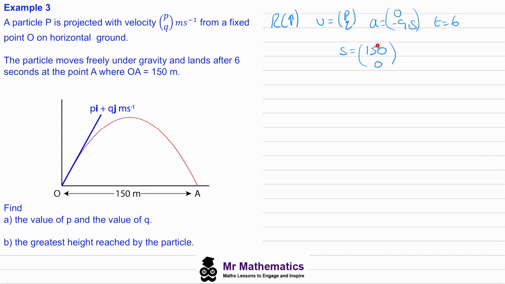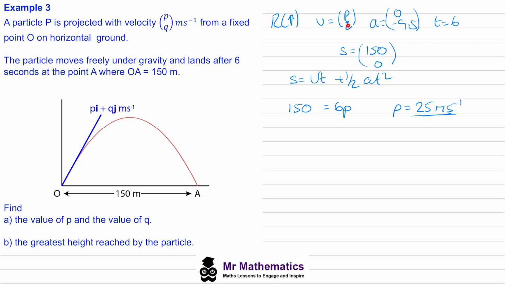We can use this 150 to set up an equation to find P. So s will equal ut plus a half at squared. Substitute in these values. The horizontal displacement is 150. The horizontal velocity is initially P. So this will be 6P. The acceleration is 0, so all of this will go. So P will be equal to 25 meters per second.